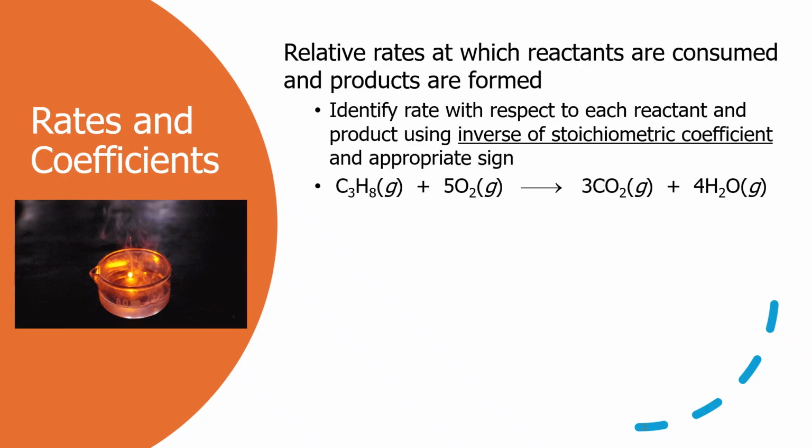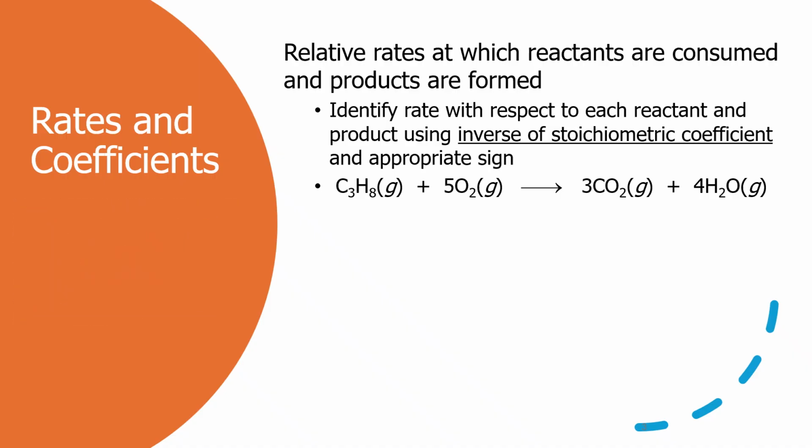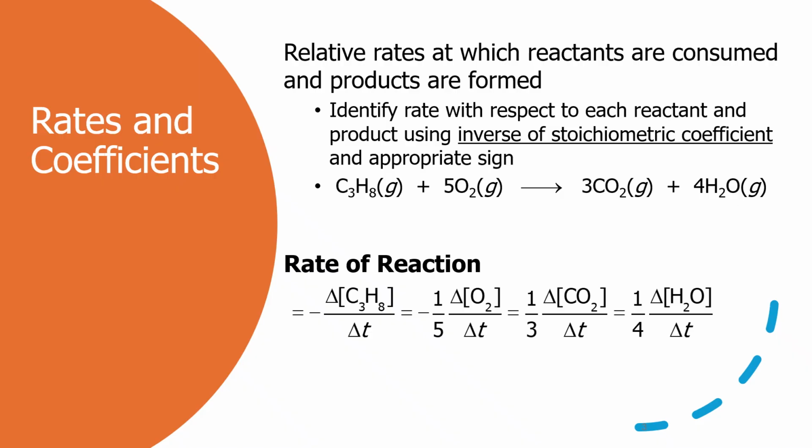Propane is combusted in oxygen, and we produce CO2 and water. Very exciting. The rate of reaction, following the stipulation of using the stoichiometric coefficients and taking their inverse along with the appropriate signs, means that propane will disappear, as you see here.